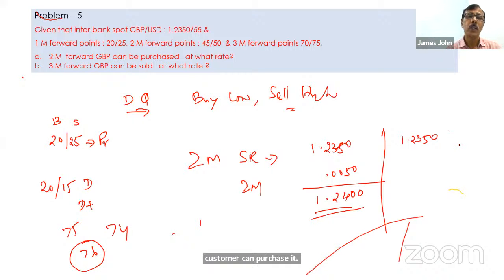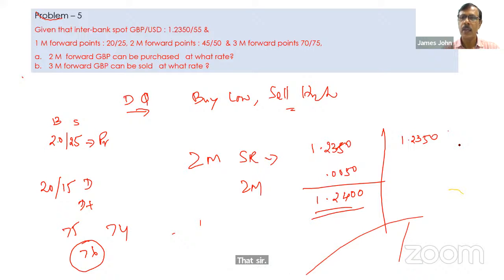Otherwise, the question would say GBP can be purchased by the bank. In the previous question it was purchase by bank, sale by bank. Here, by bank is not given, so the customer wants to purchase. Customer buying from the bank means it is a sale for the bank, so the bank will apply the selling rate. That's all.